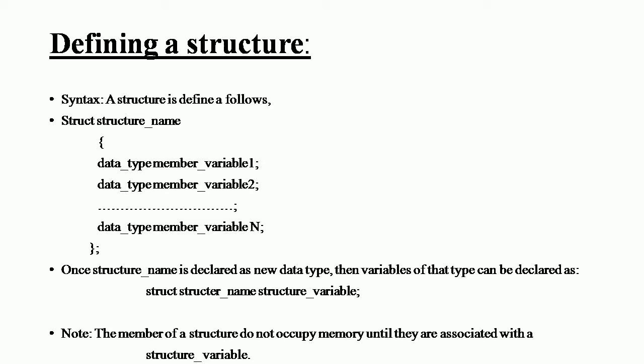Syntax of a structure. A structure is defined as follows: struct structure_name { data_type member_variable1; data_type member_variable2; and so on; data_type member_variablen; }; Once a structure_name is declared as a new data type, variables of that type can be declared as: struct structure_name structure_variable.